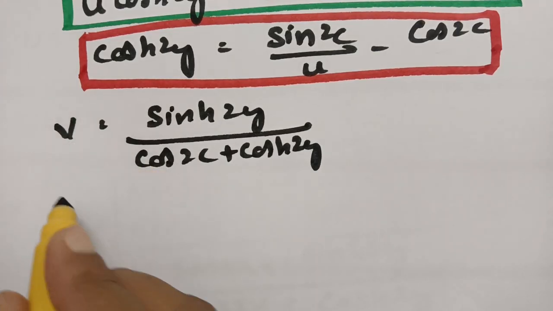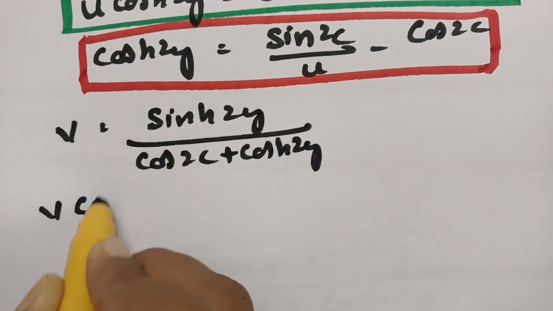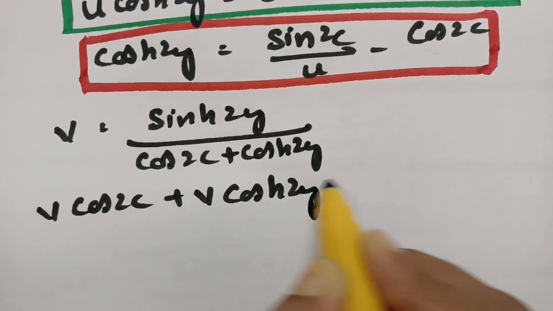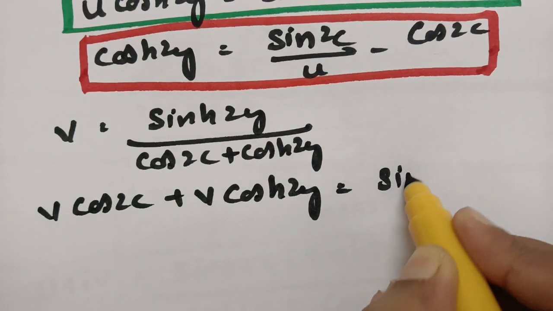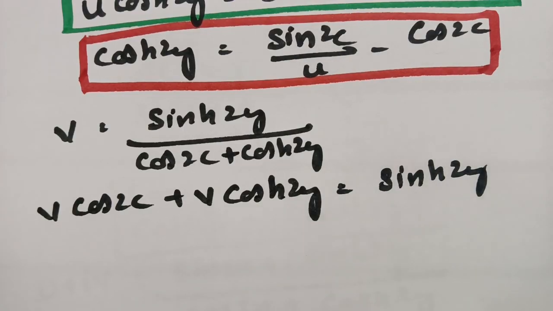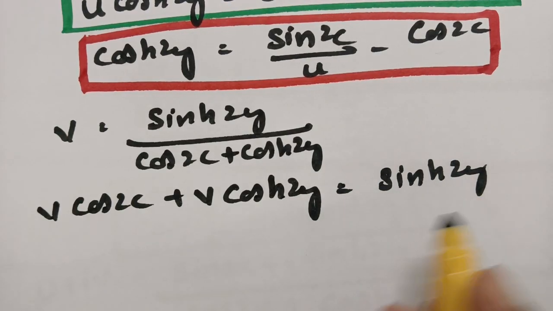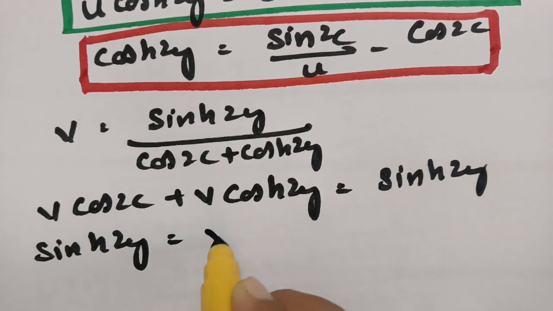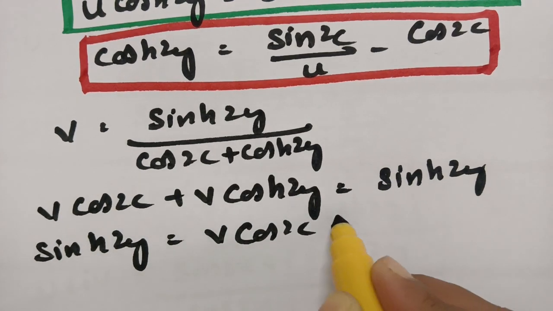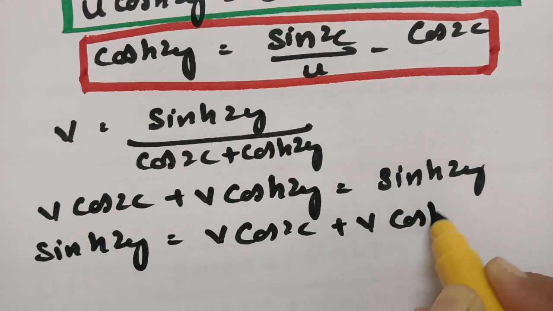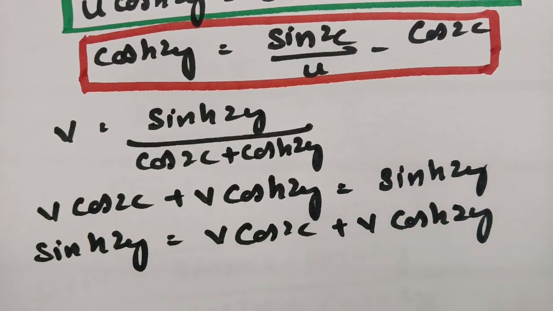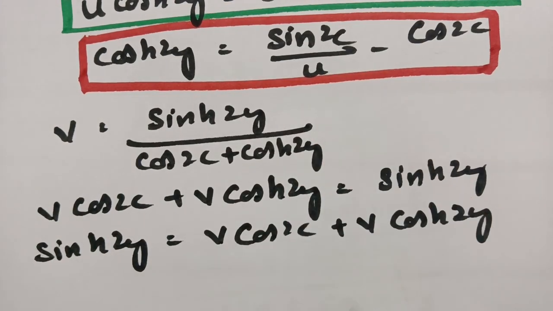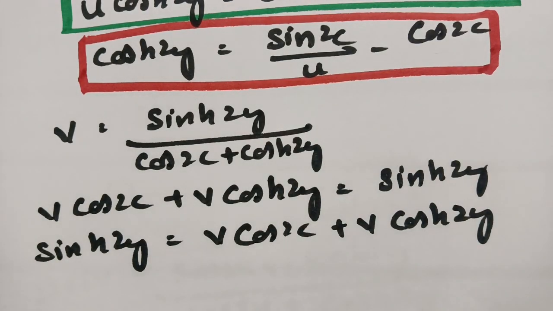Multiplying, v cos 2c plus v cosh 2y is equal to sinh 2y. So sinh 2y is equal to v cos 2c plus v cosh 2y. So I am substituting the cosh 2y value written like this.